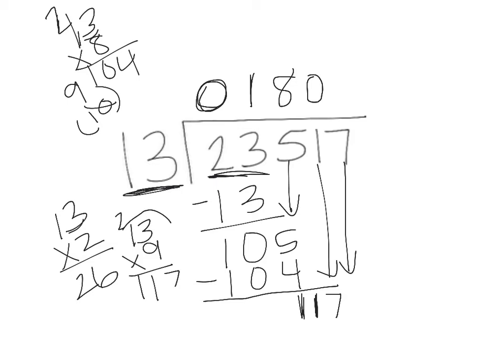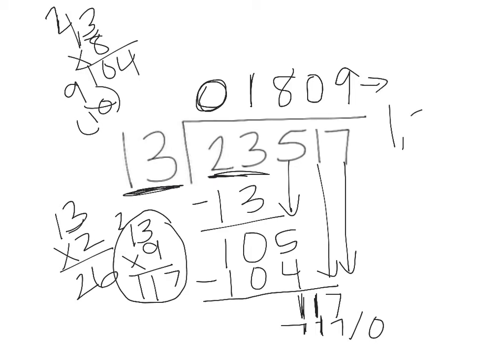Now, if I look at my other work, I already have 13 times 9 down. So that's 117. I go ahead and subtract that, and I get 0. So my 9 goes up here. So my answer is 1,809. And if you see on your example, we know that we're right.